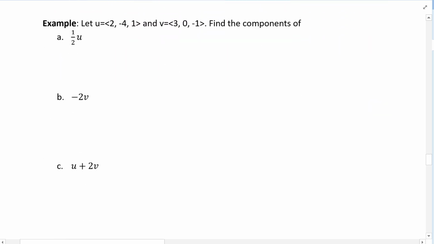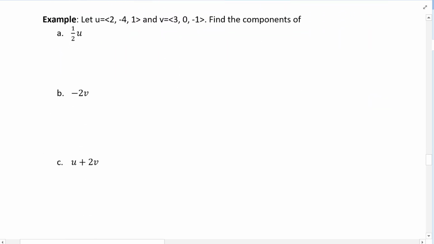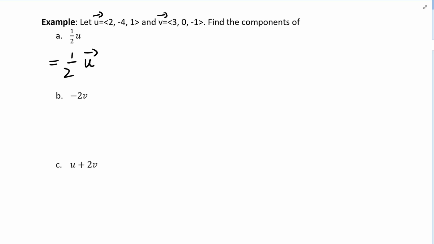So knowing this, let's solve a few problems. Let's say u equals 2, negative 4, 1, and we want to find 1/2 u. So let's keep in mind that the vectors have to have the arrows on top. They usually, in the book, write them as thicker u and v, but just so that we emphasize that it's a vector, let's put the arrow in.